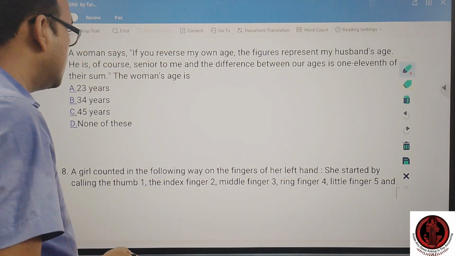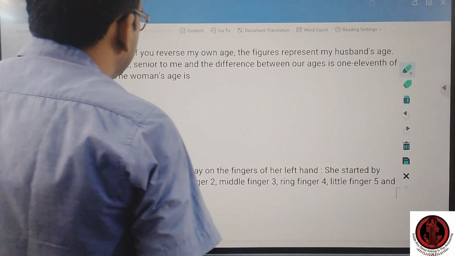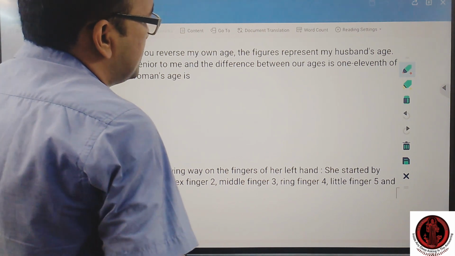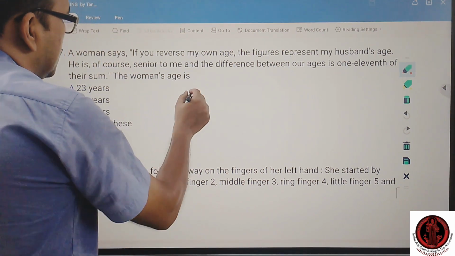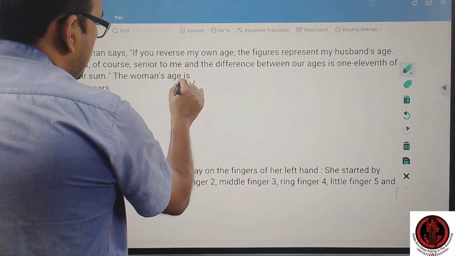Okay. Now next question. A woman says, quote, if you reverse my own age, the figure represents my husband's age. So if the age of the woman is xy, this is units, this is tens.